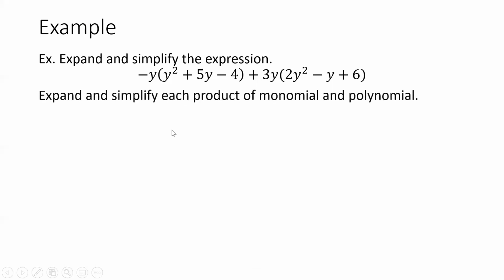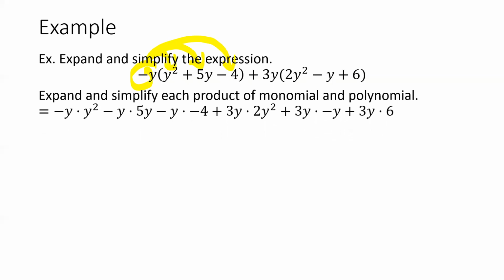So we're just simply going to take the monomial at the very beginning of the expression, and we're going to multiply by every single term that is in the polynomial in the set of brackets there. So we're going to take -y and multiply by y squared, and then take -y multiplied by 5y and -y multiplied by -4. So this looks a little bit messy, but I'm hoping everyone sees where this is coming from.